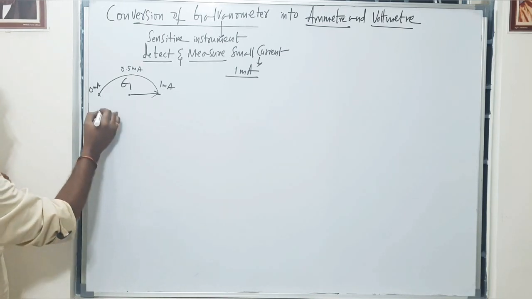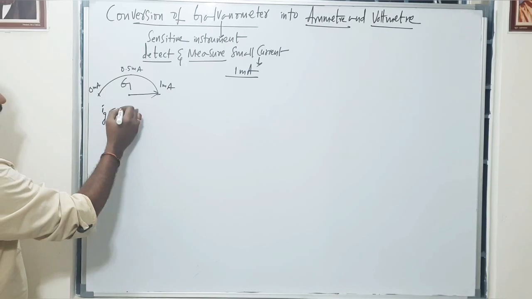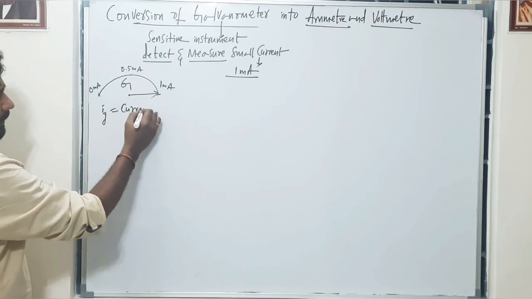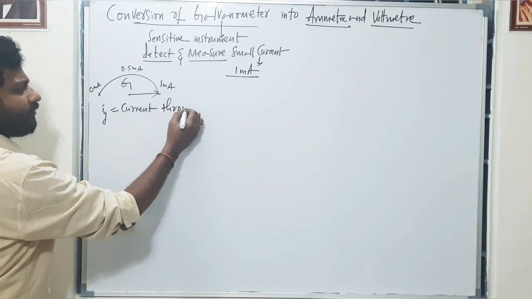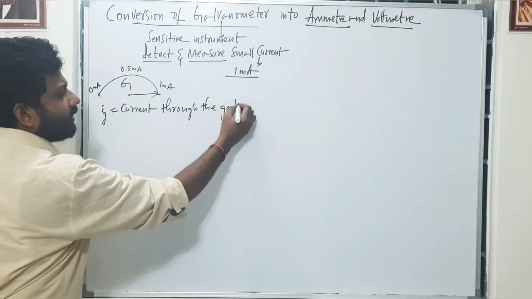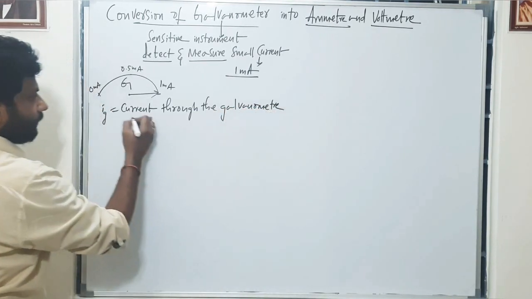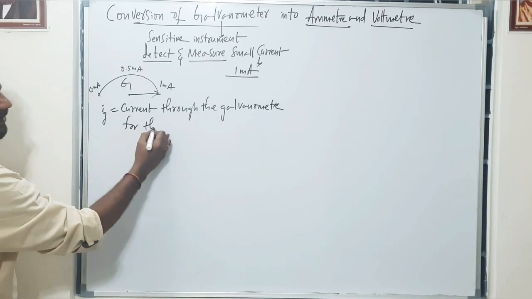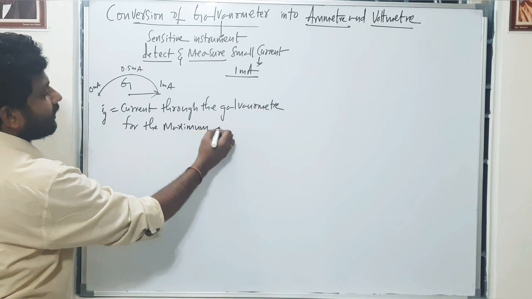So what I can write, I suffix G, which is equal to the current through the galvanometer for the maximum deflection.